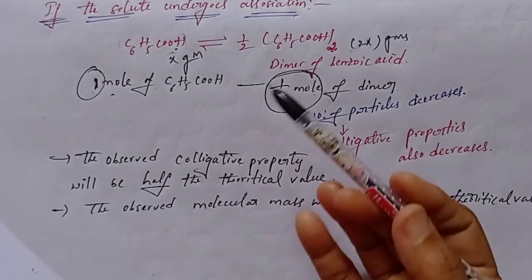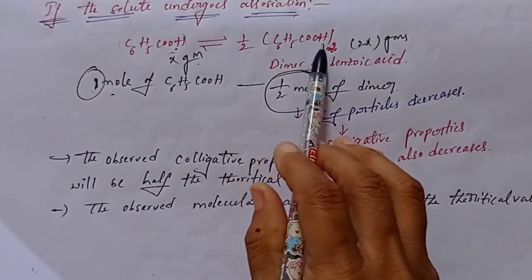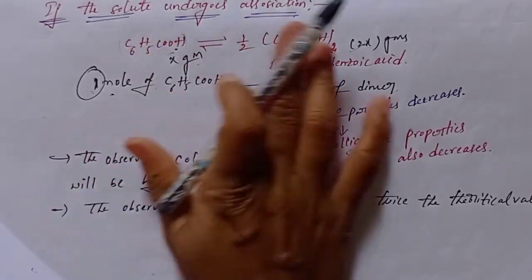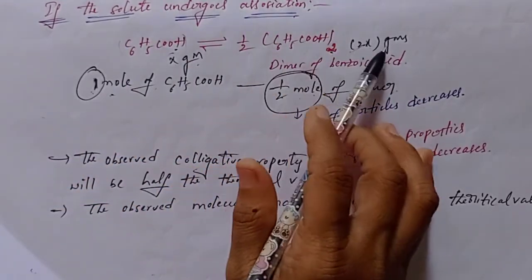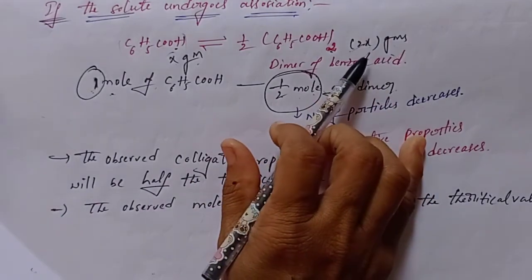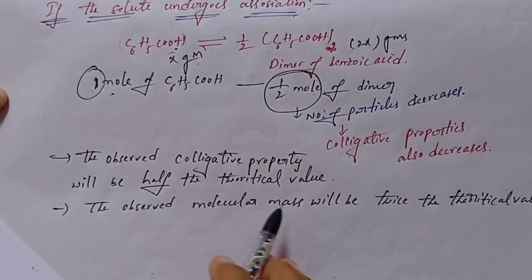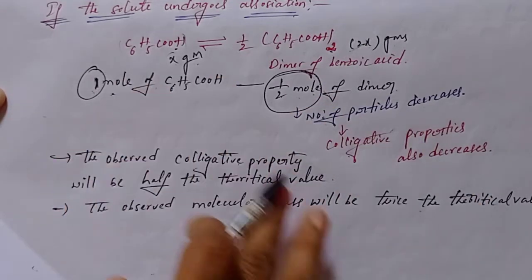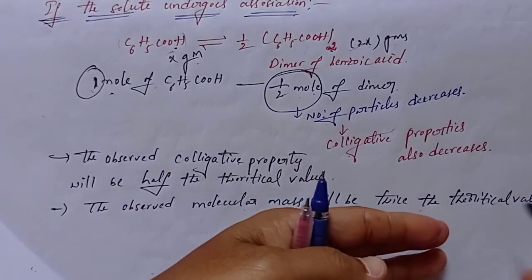Now for the observed molecular mass, if suppose one molecule is x grams, this one is 2 molecules, so 2x grams. You should not take the number of moles here, only molecules you consider. That means the molecular mass will become double, twice the theoretical value.